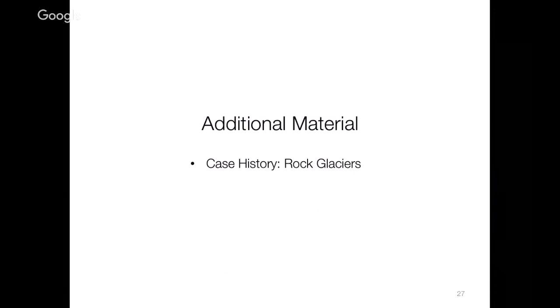What that does is open up the opportunity for using airborne GPR to estimate the thickness of ice, in places where you're interested in how fast the glaciers are receding, or how much fresh water we have stored in the ice, and how it's changing as a function of time.